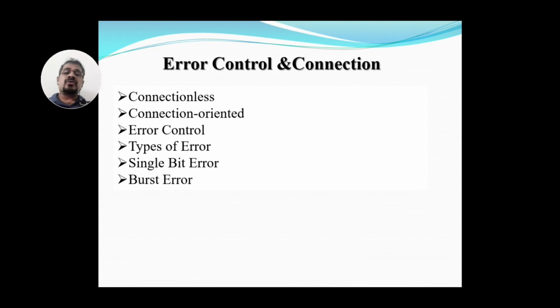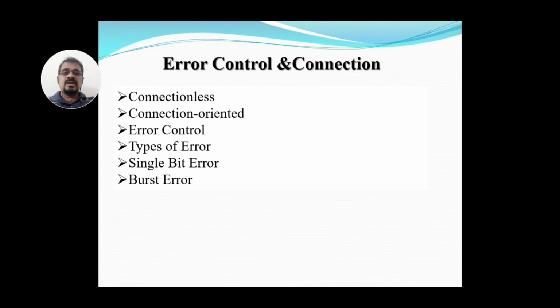If more than one bit is in error, it is called a burst error. So how to detect an error, whether a single bit error or a burst error, and once the error has been detected, what the mechanism is for correcting it, is also a process involved in the error control mechanism.